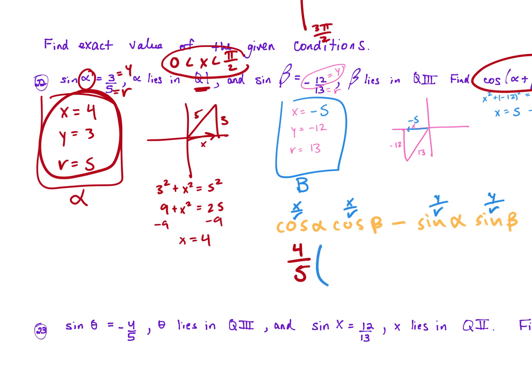And then looking at our beta triangle, negative 5 over 13. Then we have minus. Sine of alpha is y over r, so sine is 3 over 5. And then sine of beta, so we're looking at beta triangle now, which is negative 12 over 13.